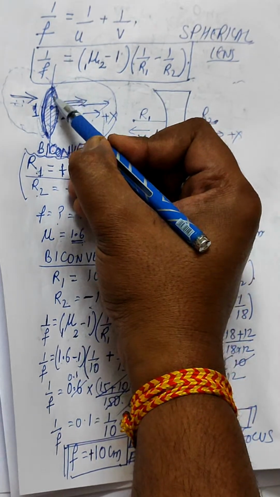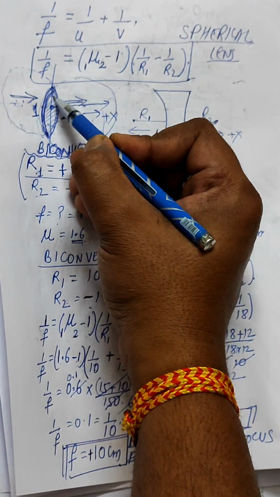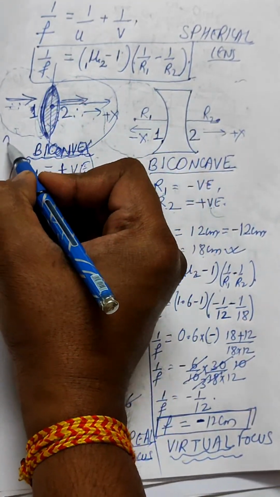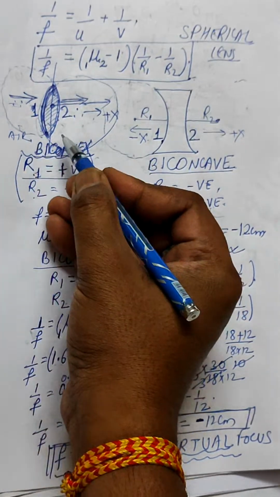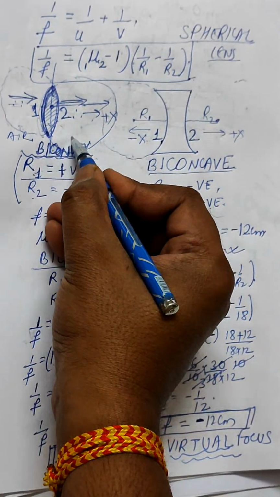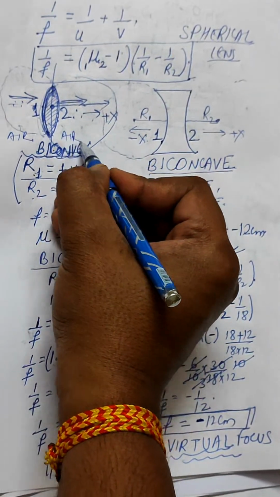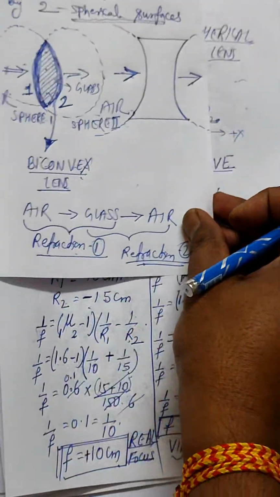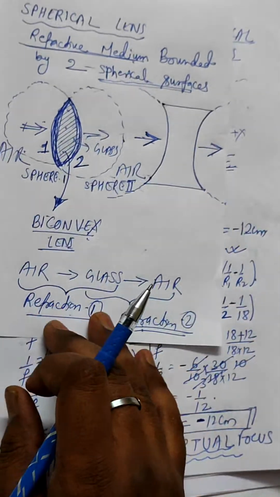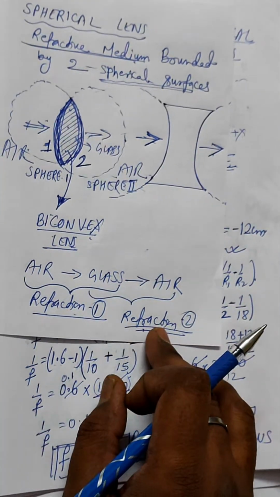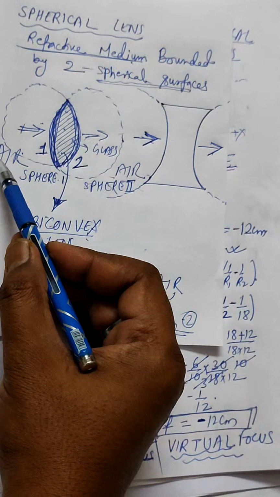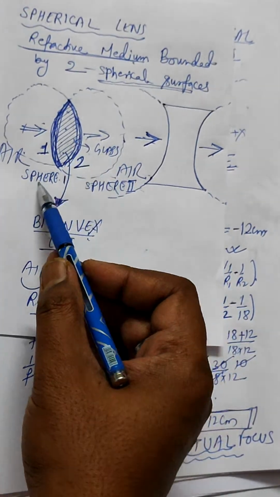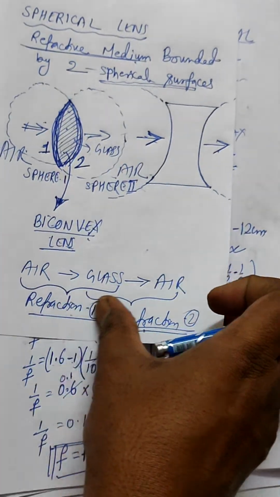So you can see here it's air, then glass, then air. So two times refraction is happening. You can see refraction 1, refraction 2. When air to glass, then again light emerging from glass to air. So two times refraction is happening, right?